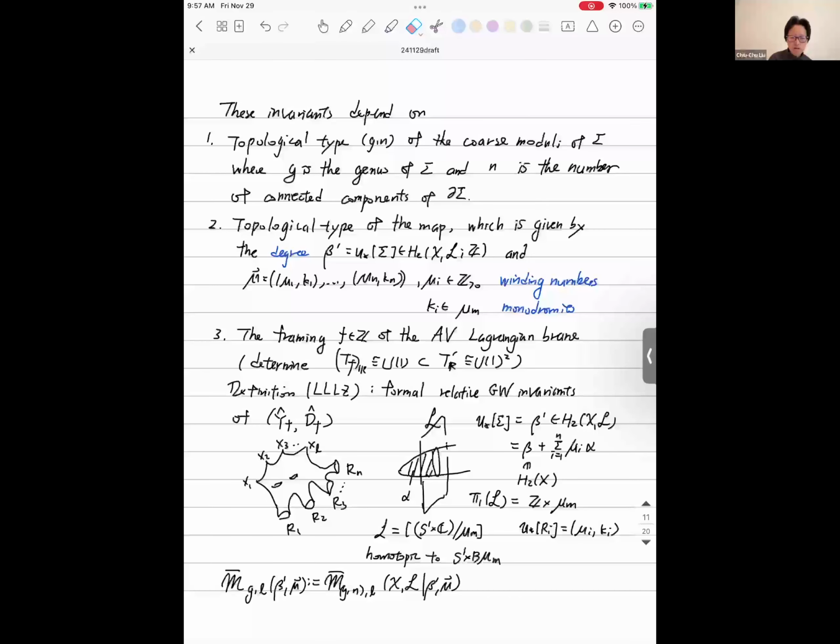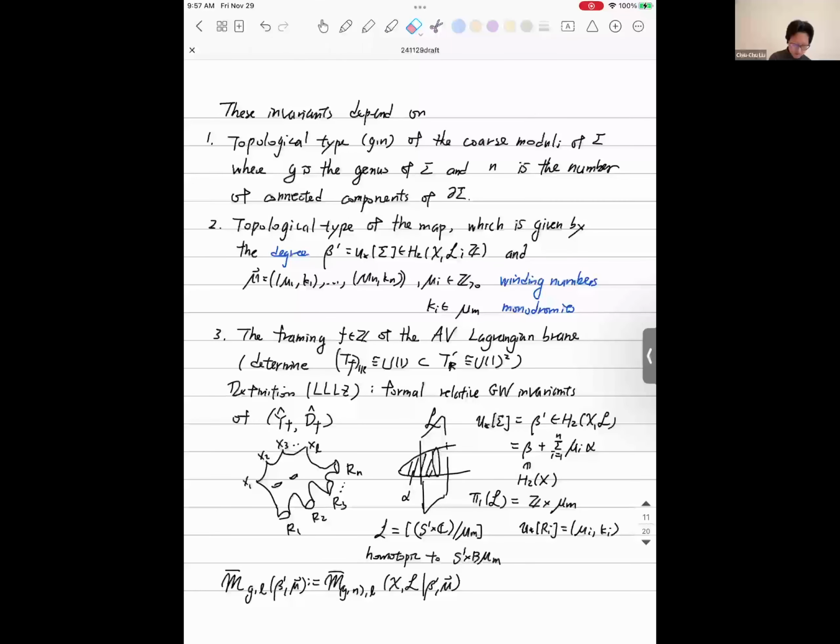Now we need to keep track of the winding number and also the mu M monodromy. So kappa i is an element in mu M, or in the additive version of mu M, Z mod Zm.